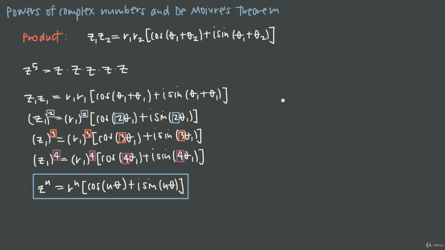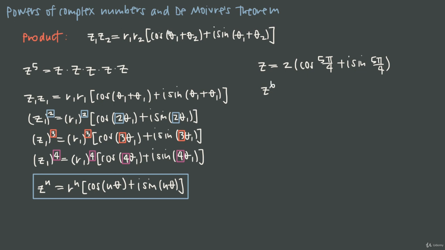So for instance, let's take an example. Let's say we have the complex number z is equal to, we'll say, 2 times cosine of maybe 5 pi over 4 plus I sine of 5 pi over 4. So we've been given a complex number in polar form, and now we're asked, let's say, find z to the sixth power.